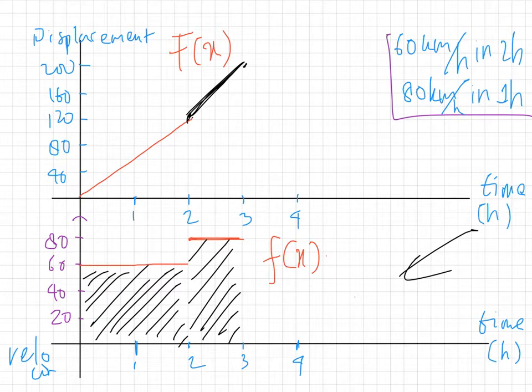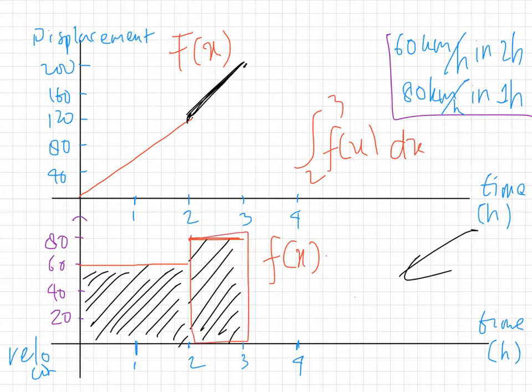So having the integration of the function f(x) dx between 2 and 3, that's this part. The area under this curve is the distance covered, or the displacement of the object from 2 hours to 3 hours with the speed of 80.